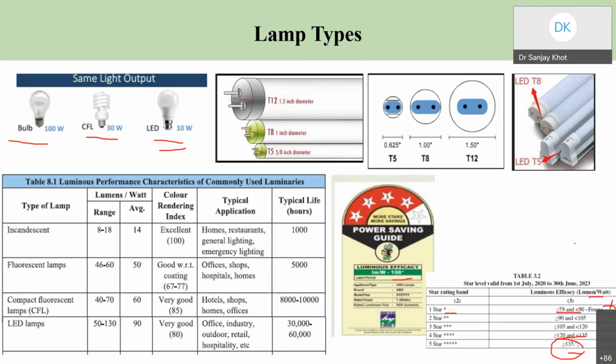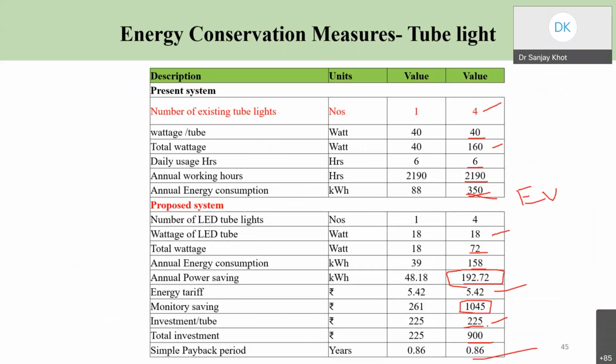And nowadays these tube lights are available in the market in the range of 200 to 300. Suppose I consider it as 225 rupees, so my total investment would be only 900. The payback is calculated as investment divided by the saving. So the investment is 900 and my yearly saving is 1,000 rupees.